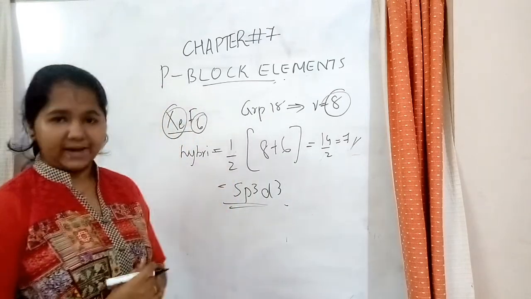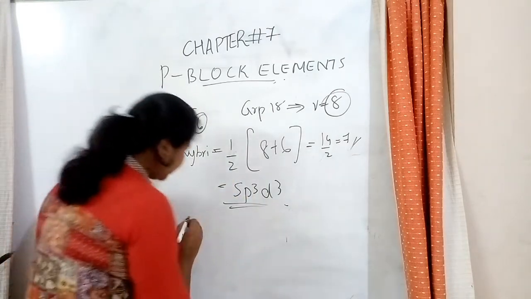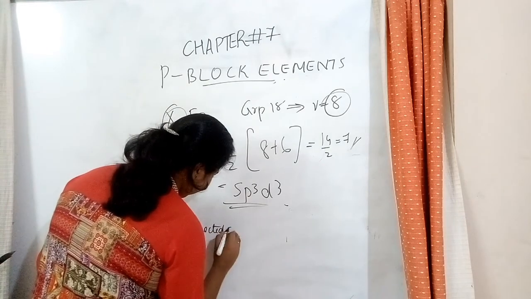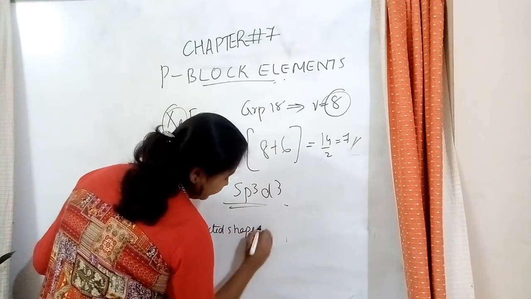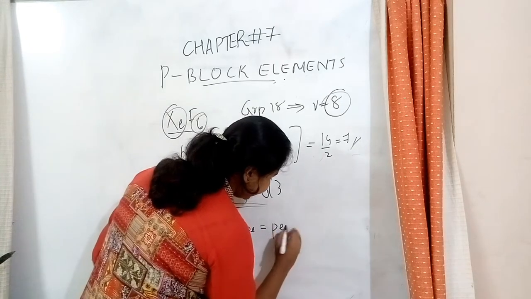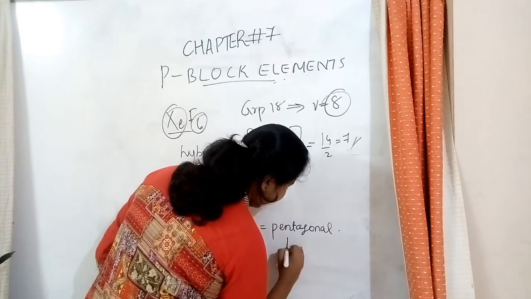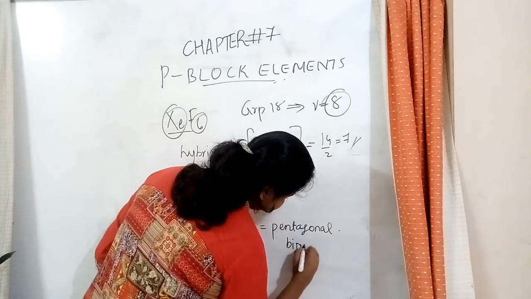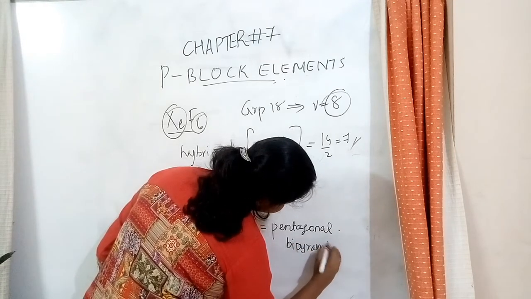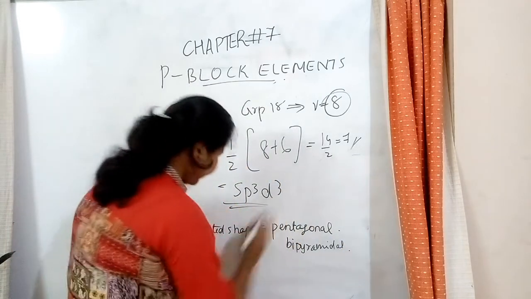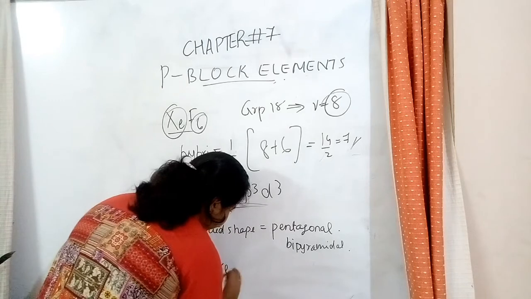So what is the expected shape? The expected shape is pentagonal bipyramidal. How does this shape look? Let's draw the shape. This is Xe.